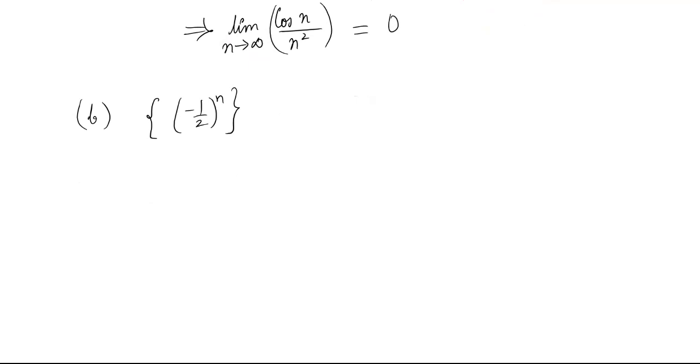So we know that it is going to be between negative 1 over 2 power n and 1 over 2 power n. So negative 1 over 2 power n and 1 over 2 power n will be the extreme values between which these fluctuating values will lie, right?